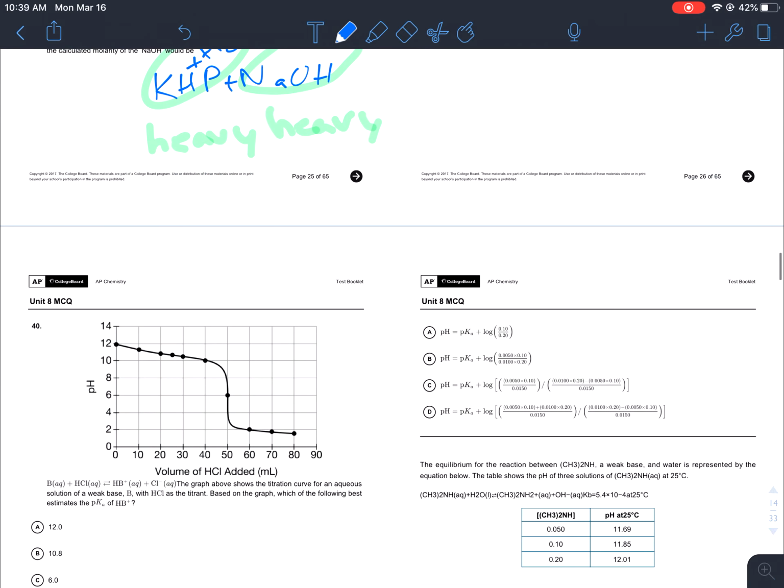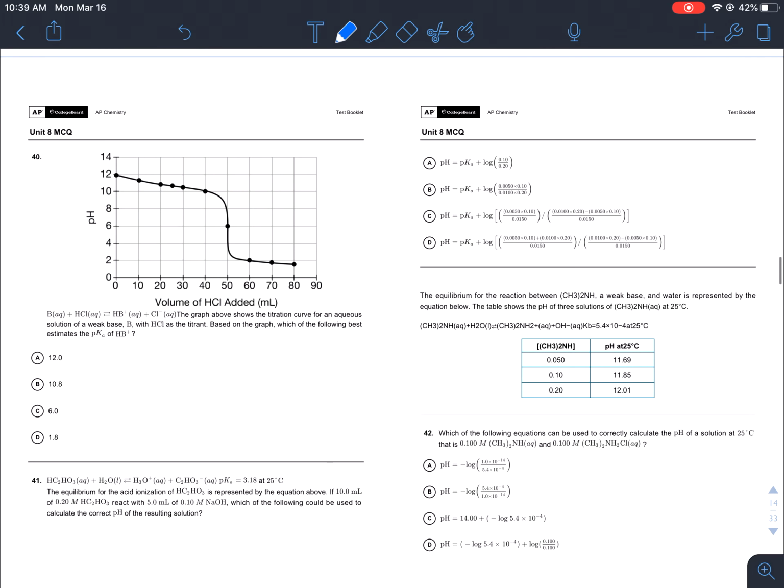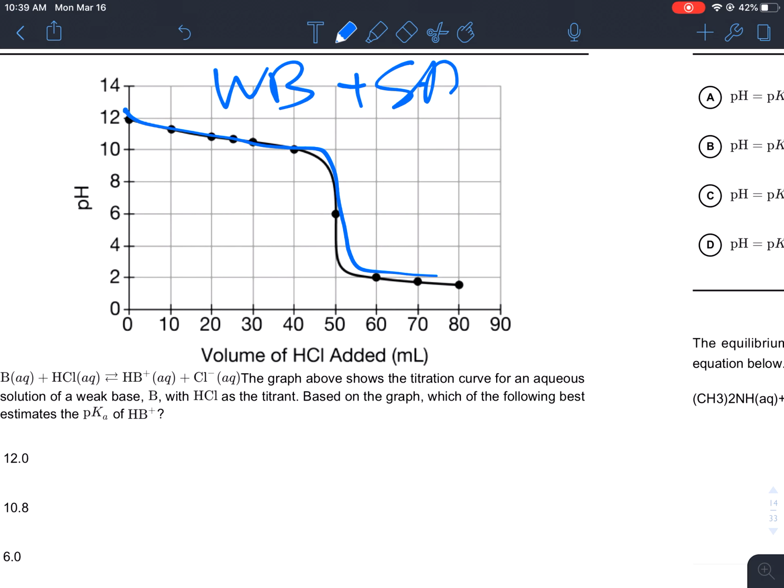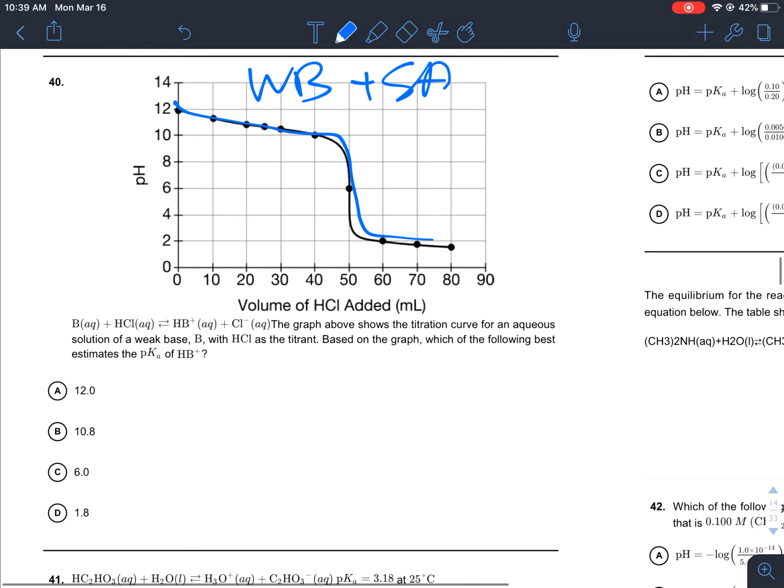All right, last one for this section. Number 40, again, okay, so I see a tiny curve there. This is a weak base with a strong acid. B plus HCl yields HB plus Cl minus. The graph above shows a titration curve from an aqueous solution of a weak base with HCl as the titrant. Based on the graph, which of the following estimates the pKa of HB?